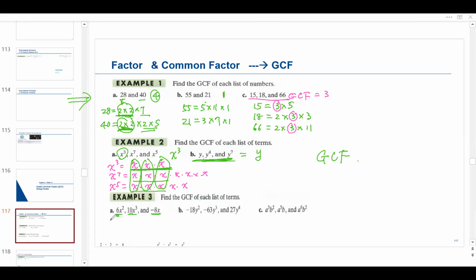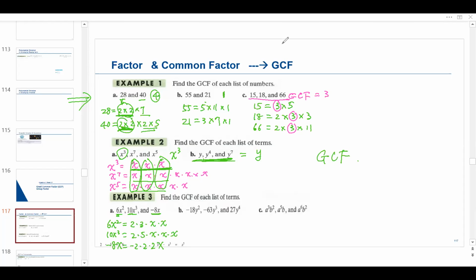So 6x squared equals 2 times 3 times x times x, right? 10x cubed equals 2 times 5 times x times x times x. We can break it down a little bit further. Negative 8x equals negative 2 times 2 times 2 and x. That's it.